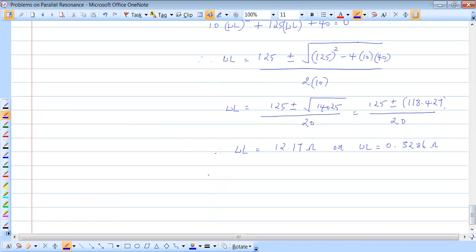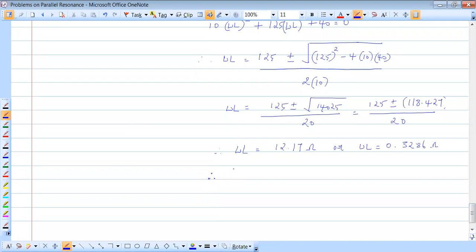Therefore, L is 12.17 divided by omega, or 0.3286 divided by omega.